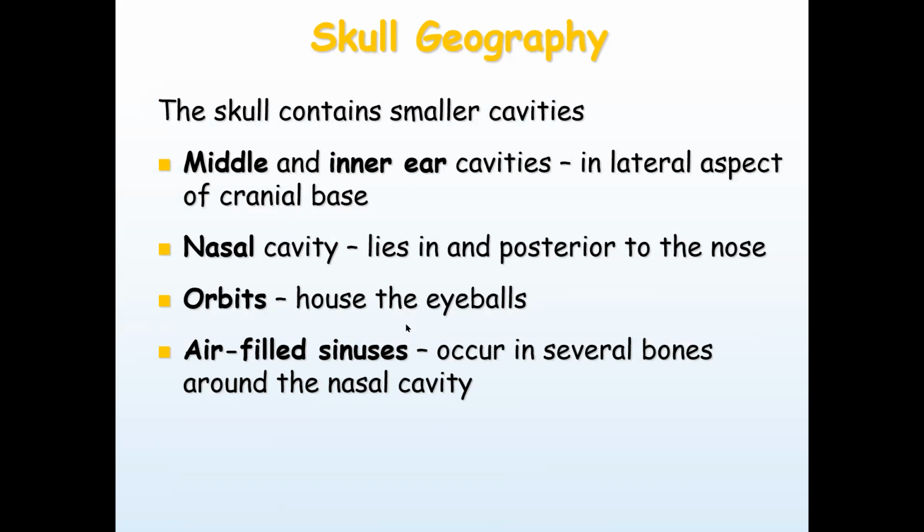It also mentions here some of the cavities that your skull will contain. Now we know already that we have an auditory passage that runs through the skull on its way to the middle ear, right? So that's why it mentions here middle and inner ear cavities in the lateral aspect of the cranial base. So the middle ear and inner ear are all within bones, okay?